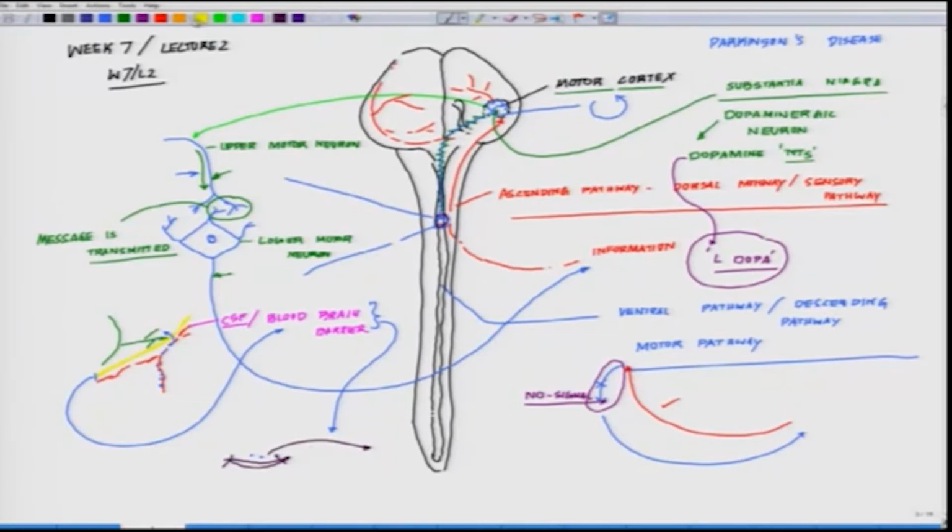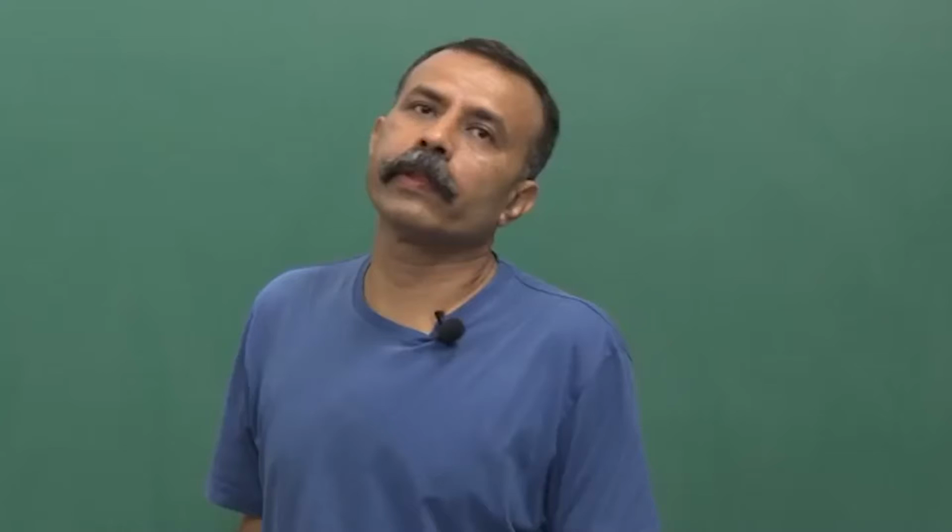So it has to cross through this channel out here. Unless it crosses through this channel, it won't be able to interact with the neurons on the other side.